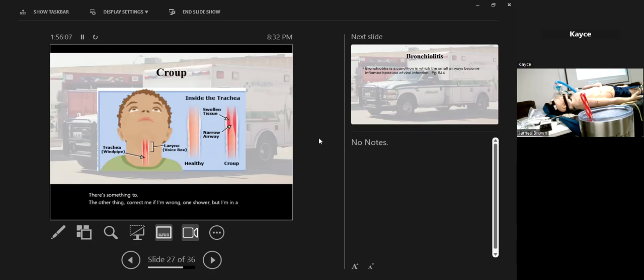The steam from the shower will help them. This usually affects the upper airway, but can get down to the lower airway.